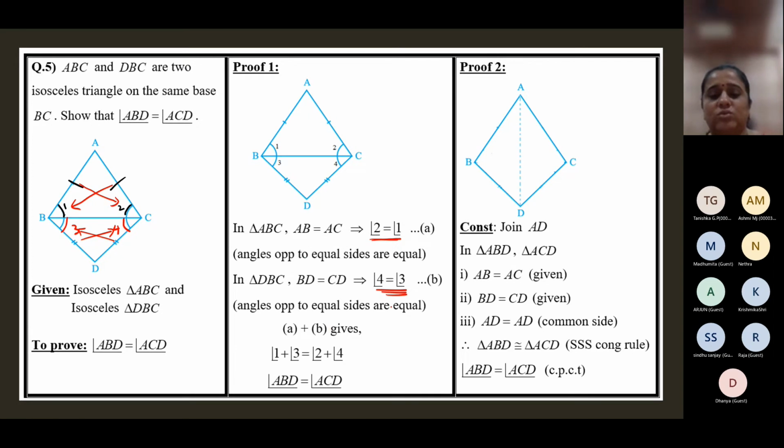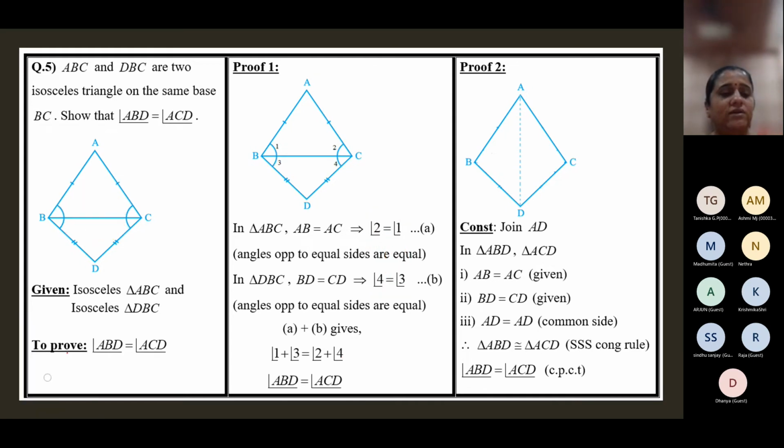So when you add these two results, you will get angle 1 plus angle 3 is equal to angle 2 plus angle 4. What is 1 plus 3? ABD. What is 2 plus 4? ACD.